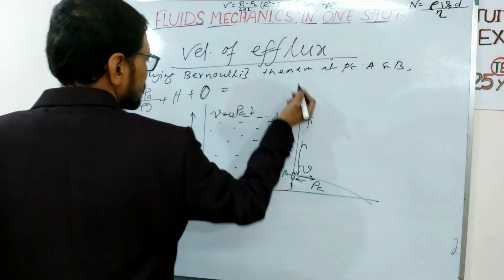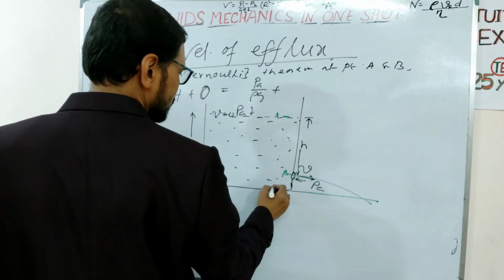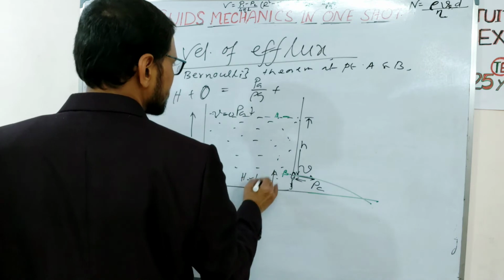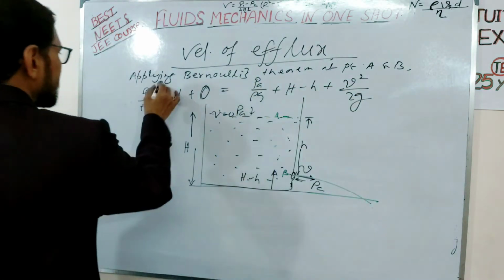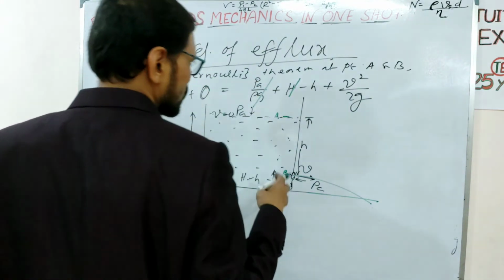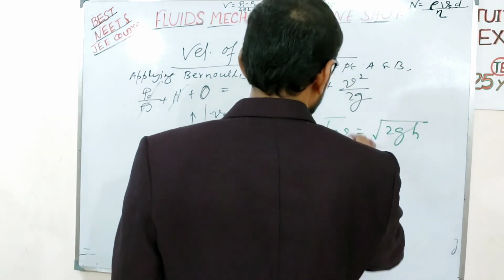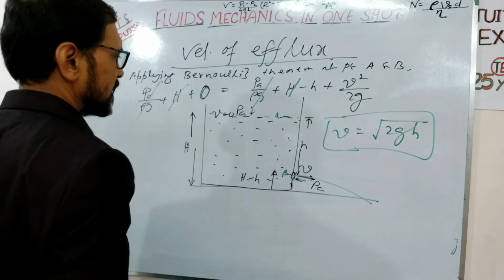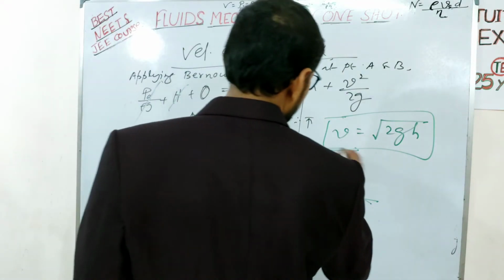So 0 is equal to PA by rho g plus the height from the ground, H minus h, plus velocity v square by 2g. From this we cancel H. So v square equals 2gh, v equals root over 2gh. This is called velocity of efflux, where h is the depth of the hole.